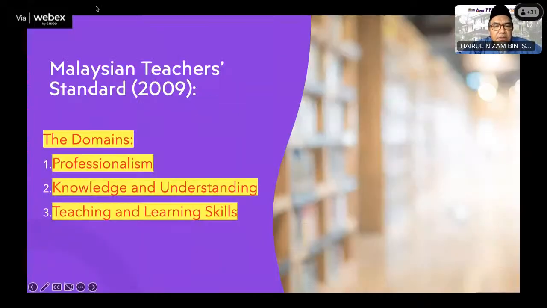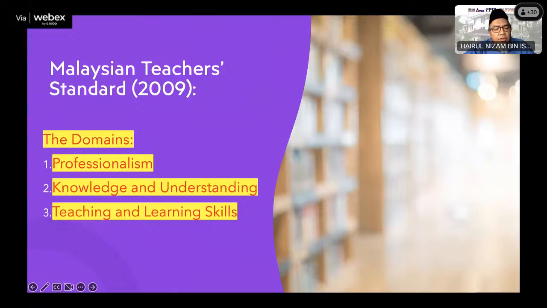Okay, so very quickly, I mentioned the Malaysian teacher standards that have been used as our reference document during our process. There are two different standards. Standard 1.0, developed in 2009, has three main domains: professionalism, knowledge and understanding, and teaching and learning skills.